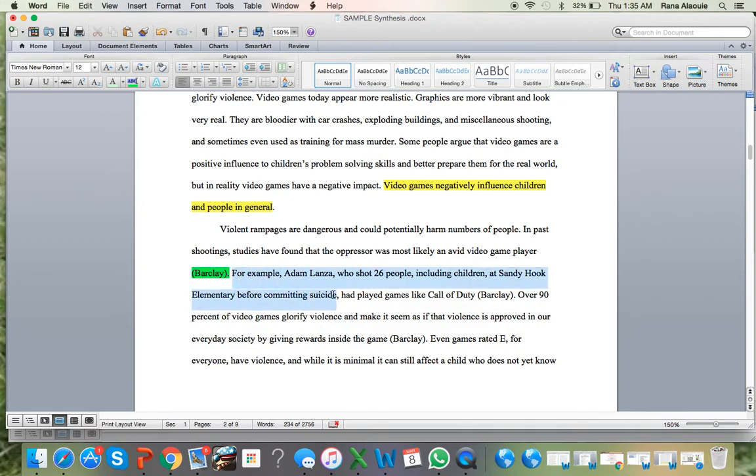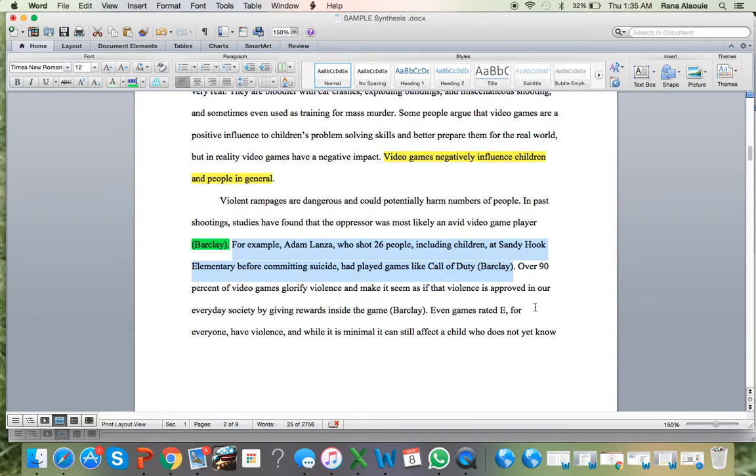She just paraphrased from the article, and then she used the same author. And then she brings in another piece of information from the article. Over 90% of video games glorify violence and make it seem as if that violence is approved in our everyday society by giving rewards inside the game.